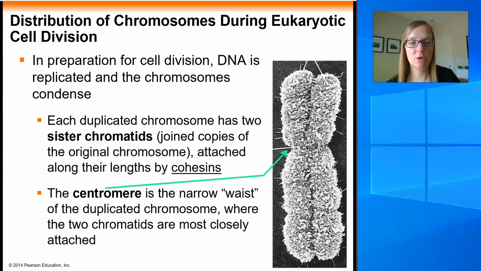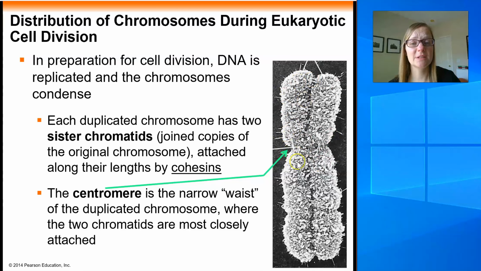Okay, so if we go back now to this particular slide, we can see not a cartoon diagram like I drew, but an actual electron micrograph of a duplicated and condensed chromosome from a cell that's going through cell division. So here's one sister chromatid on the left and another sister chromatid on the right. You can see the narrow waist here. This is the centromere.